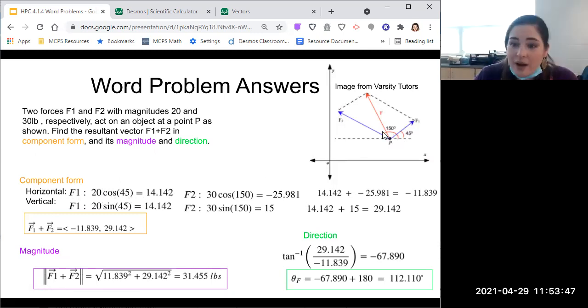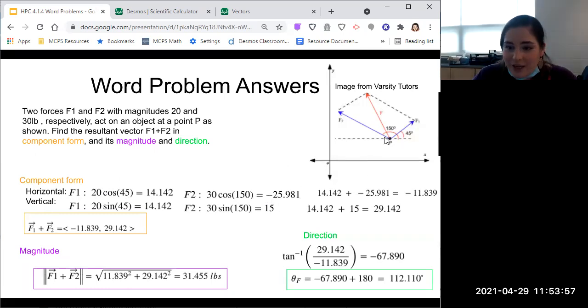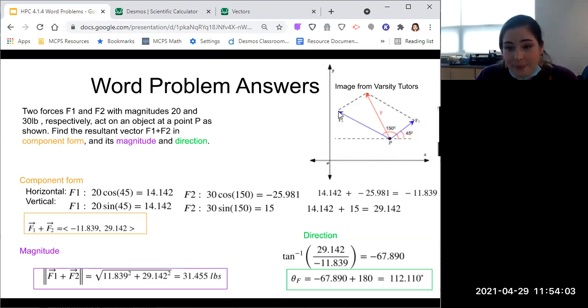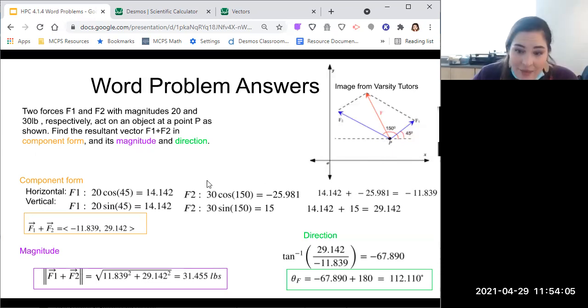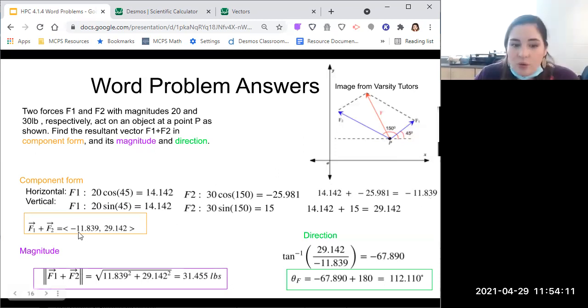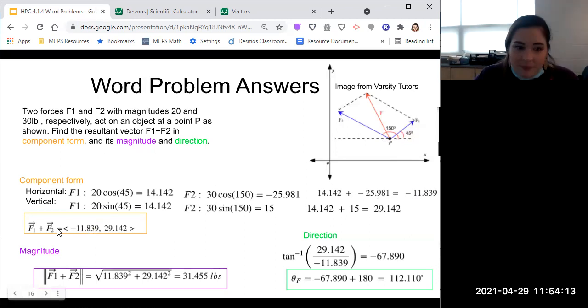The horizontal component of the blue vector F2, the other one we're adding, is 30 cosine 150. So that's negative 25.981. And it's okay that it's negative, because from point P, it's going left and up, so it has a negative x but a positive y. Add those two horizontal components together and we get negative 11.839, the horizontal component of the sum vector, F1 plus F2.